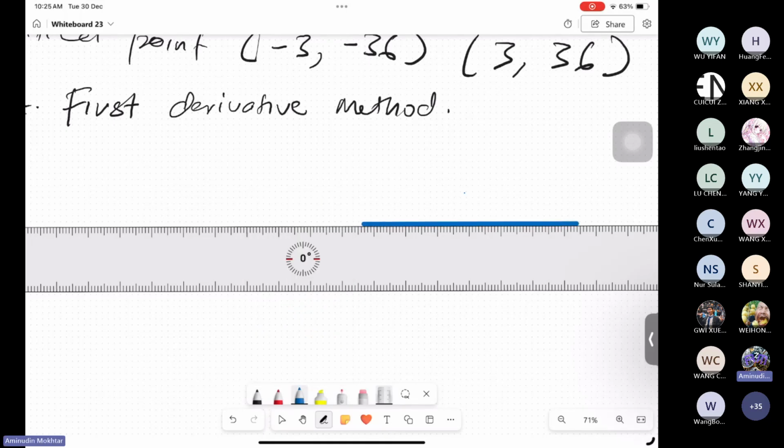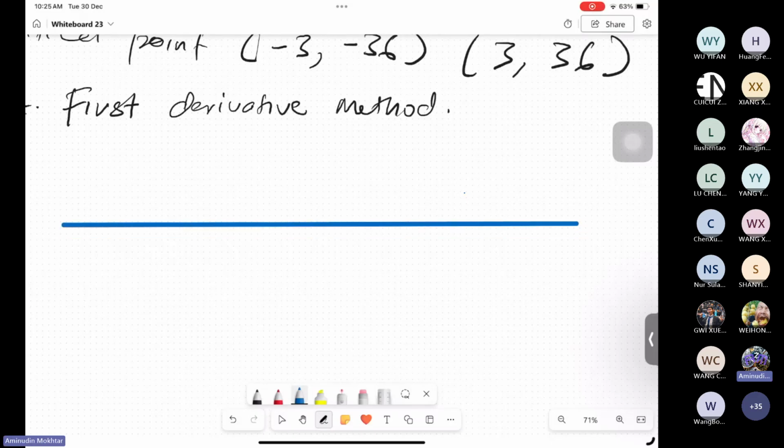This line is for x. The first value of x is -3. The second value of x is positive 3. We know that at these two points, the slope of the function is 0.